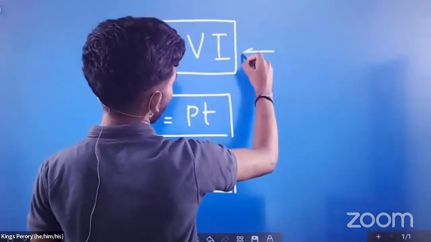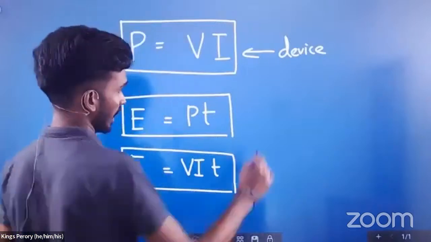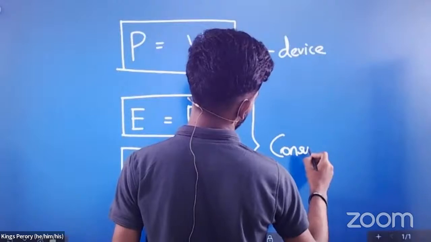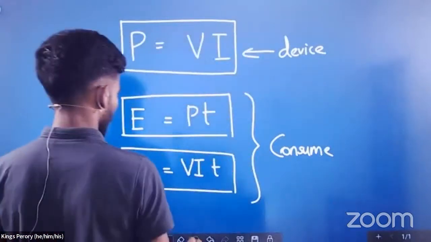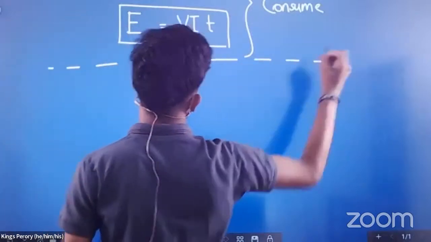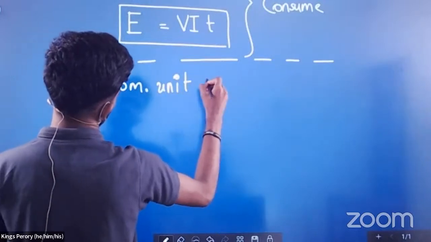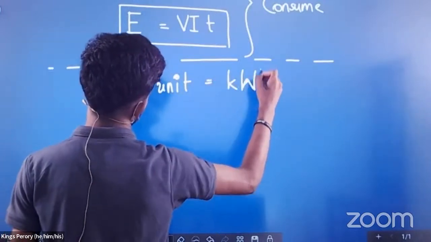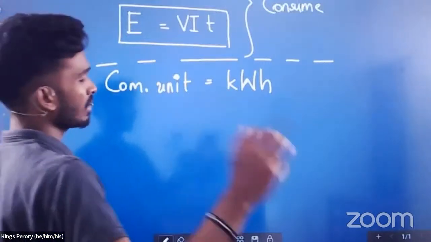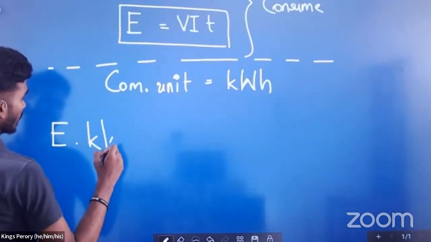Power is for the device. Energy is what we consume. What is the commercial unit of measuring electric energy? Kilowatt hour. If I give you the power in watts and time in hours, how do we calculate the energy in kilowatt hours?